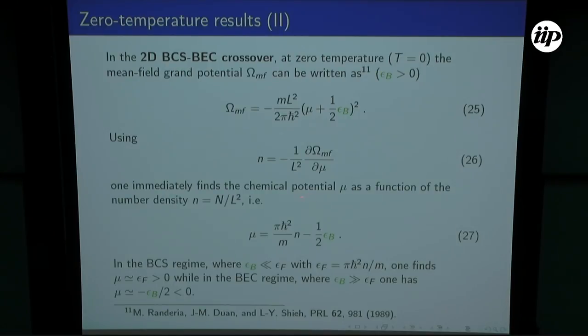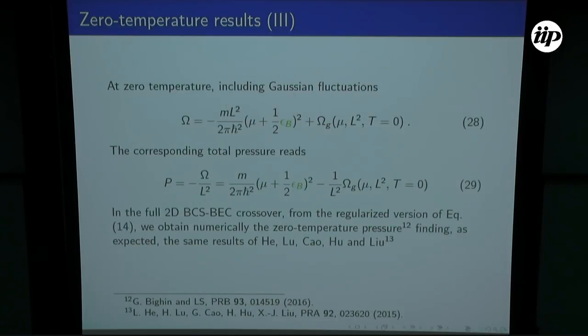So, to do something better theoretically, you have to add Gaussian fluctuations. And so, I include also Gaussian fluctuations. Well, if you want, I can also calculate the pressure. The pressure is simply minus the grand potential divided by the volume, and you have this formula formally.